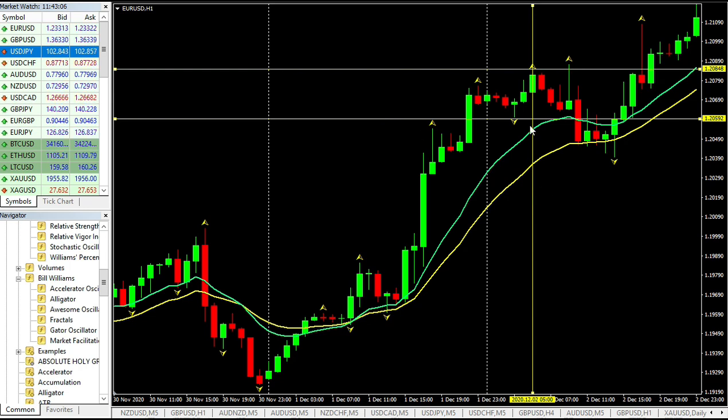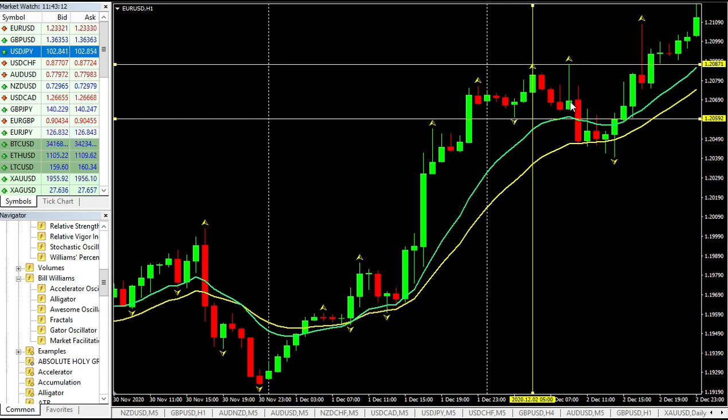Right, then your next move is the second fractal. Another fractal comes up here. Put your cursor here and see the high is 1.20882.